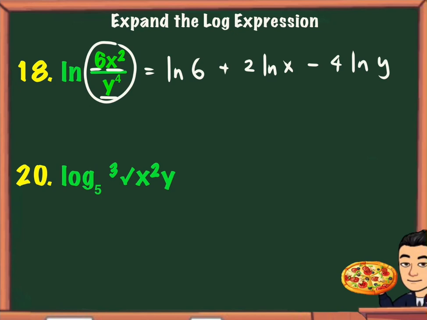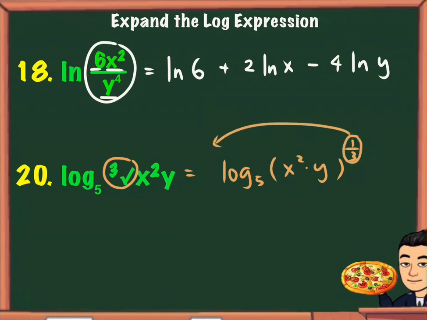So for number 20, I'm going to rewrite this cube root as a rational exponent. So you're going to see this as log base 5, and then put the parentheses to the 1/3, and then x squared times y. Next, I'm going to bring the 1/3 to the front.